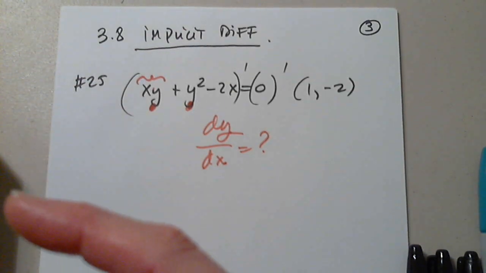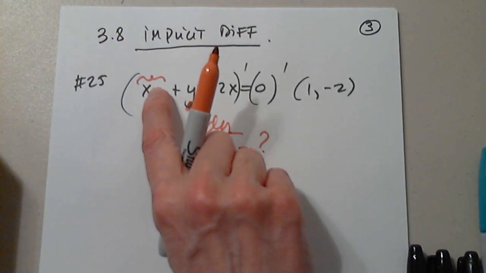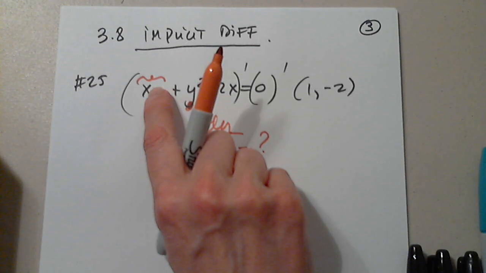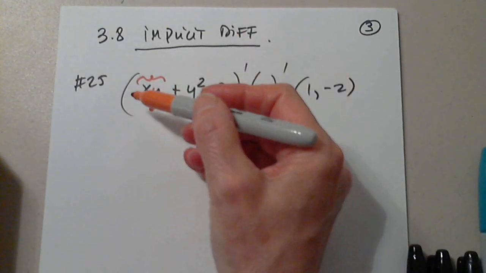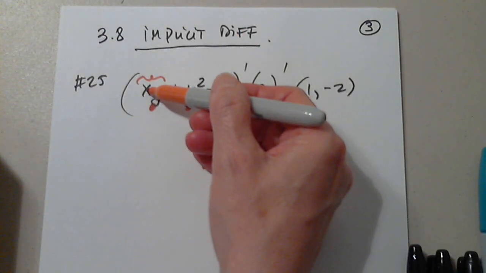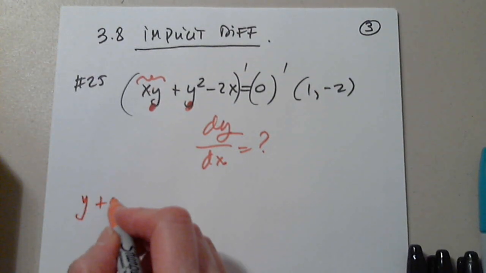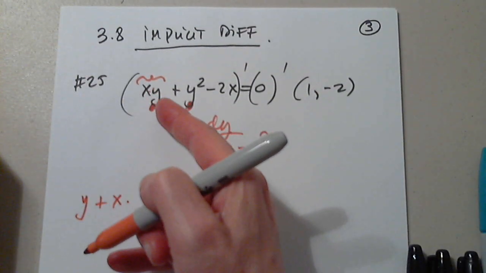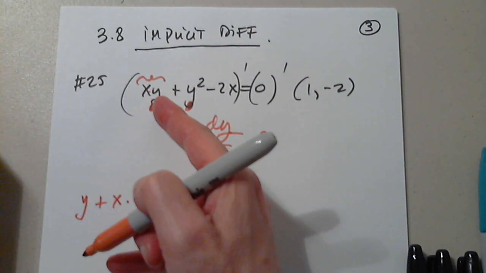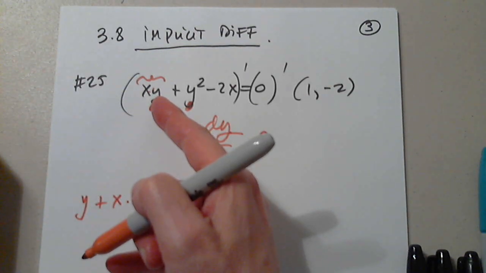Product. Yes, excellent. So the first function prime, good, times y, very good, plus x times the second function prime. What would you write?